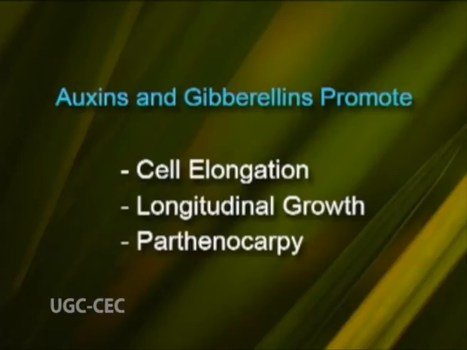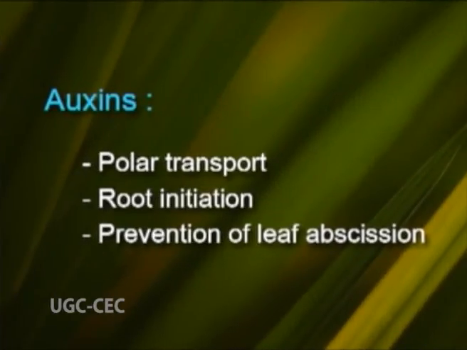We can compare the action of auxin and gibberellins. Although both auxins and gibberellins promote cell elongation, longitudinal growth and parthenocarpy, they also differ in many ways. Polar transport, root initiation and prevention of leaf abscission are associated with auxins, but not with gibberellins.